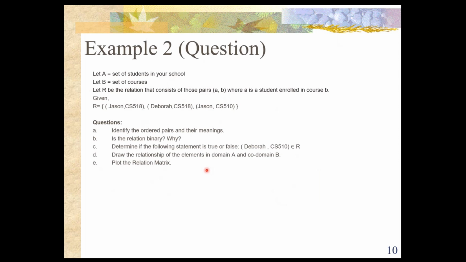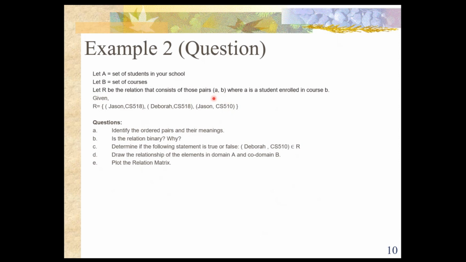Okay, let's look at example 2. Let's say the set A, instead of representing a set of numbers, now it is representing the set of students in your school. You can think of any of your friends' names. And then B, set of courses. And then let R be the relation that consists of those pairs (a, b).